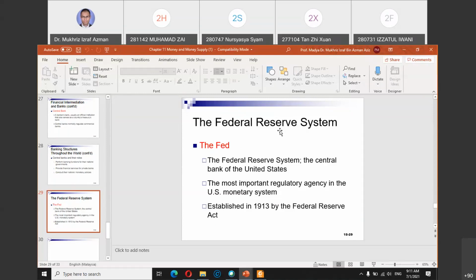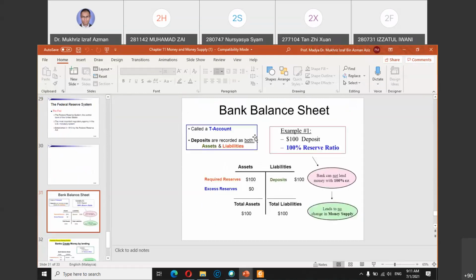But because we are in Malaysia, ours is Bank Negara Malaysia, BNM. Most probably you will not be tested on the Federal Reserve, but maybe just the general concept on Bank Negara Malaysia.